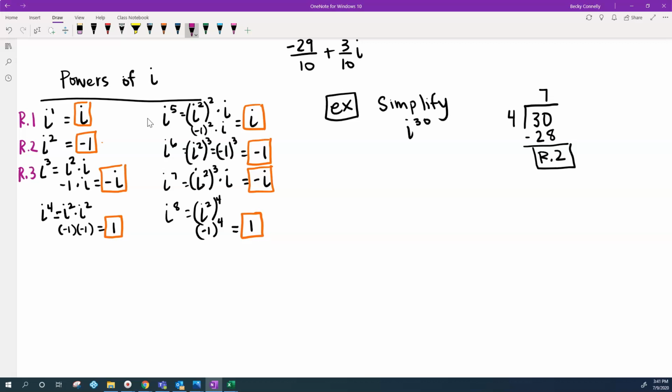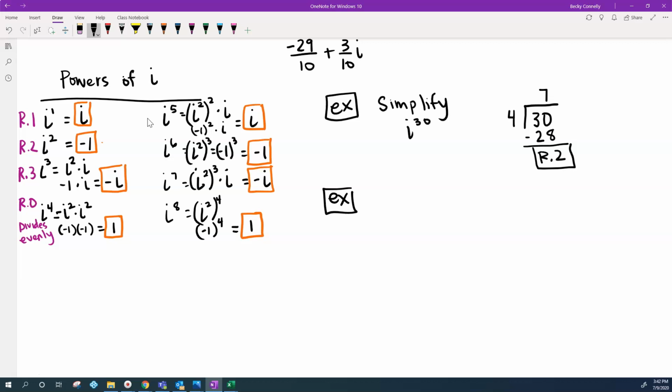And if it divides in evenly, so this is a remainder of 0, then you'll get 1 for your answer. Those are the only possibilities of what you could have when you divide 4 into any number.